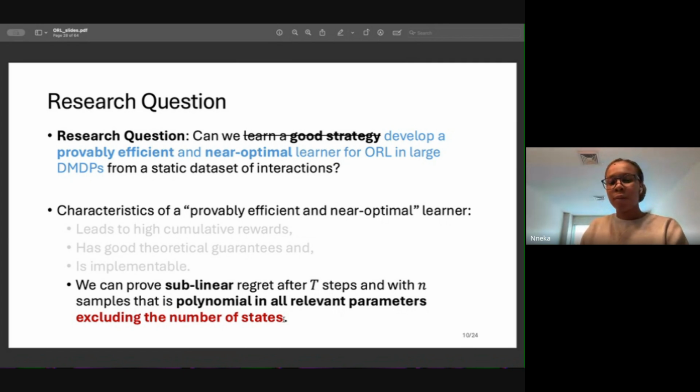Because, given the setting, the number of states would be intractably large.